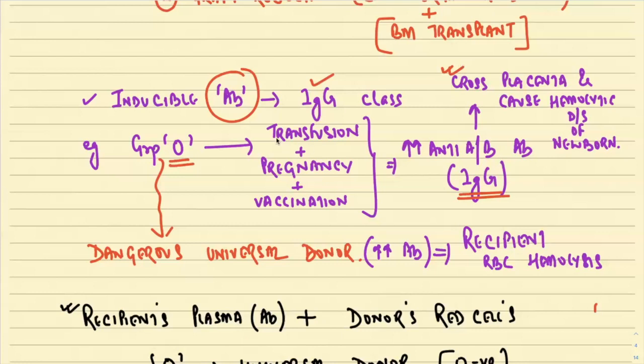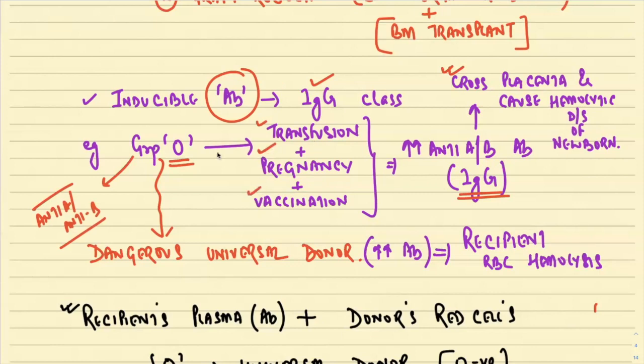Now how does this individual come to have it? I am not denying the fact that group O individuals already have anti-A as well as anti-B, which is already present in their plasma. Now, for example, that individual has had some kind of blood transfusion, for example he got A or B, or he got some vaccination, injection, antibiotic, anything.